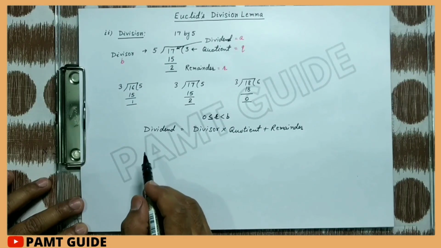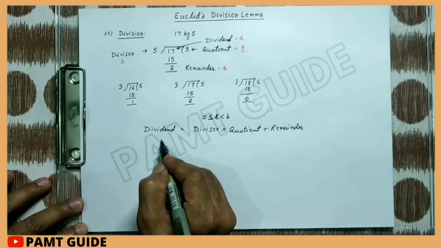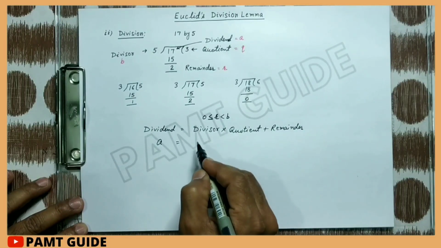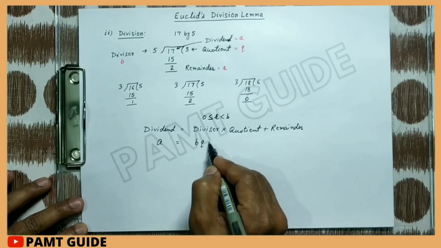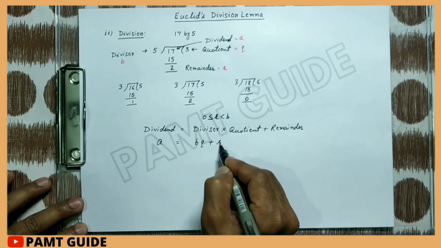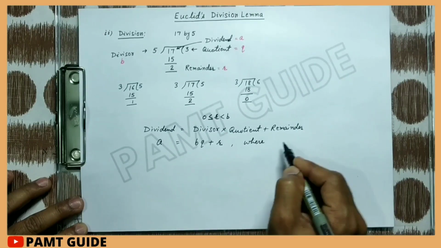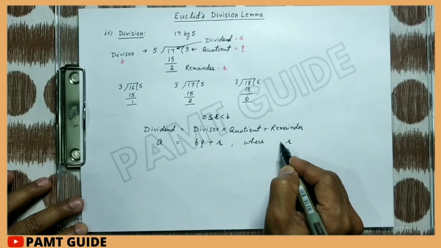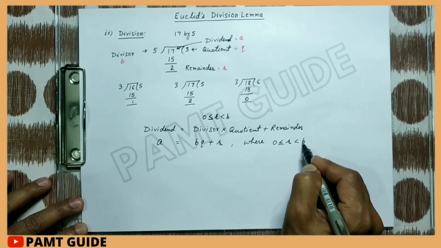So every positive integer can be written in the form of A. So A is equal to B multiplied by Q plus R, where R is greater than or equal to 0 but less than B.